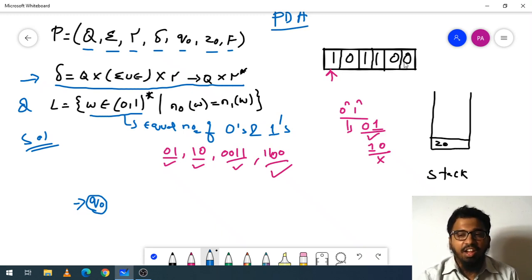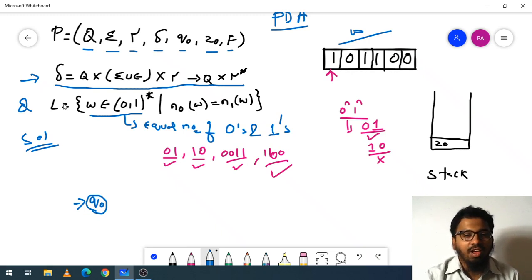Now we are considering this string, 1 0 1 1 0 0. Let's check whether it satisfies the given language or not. In Q0, we need to check the header, the first symbol. In the last example I showed you that whenever we have a 0, we add it to the stack.